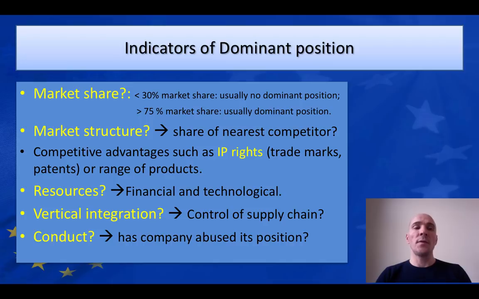Now in between 30% and 75%, you could call it a certain gray area. So in between 30 and 75%, other factors are also relevant to take into account to determine whether an undertaking has a dominant position. For example, what is the structure of the market we are looking at? What is the largest market share of the next competitor in line?